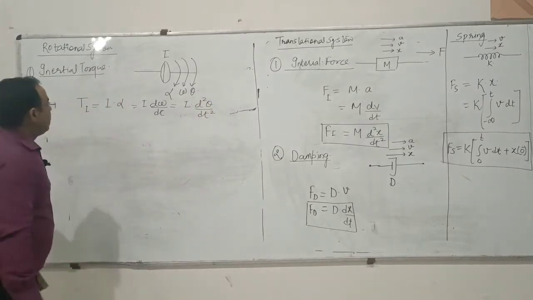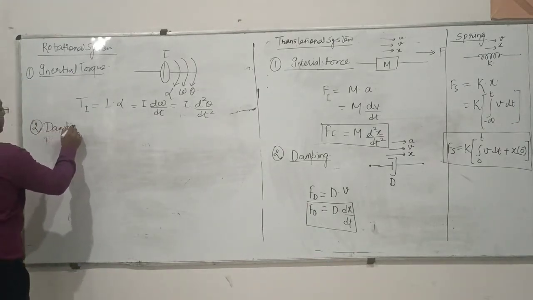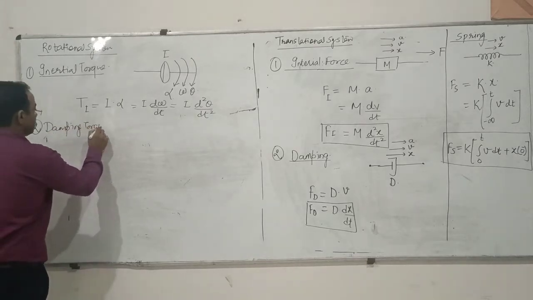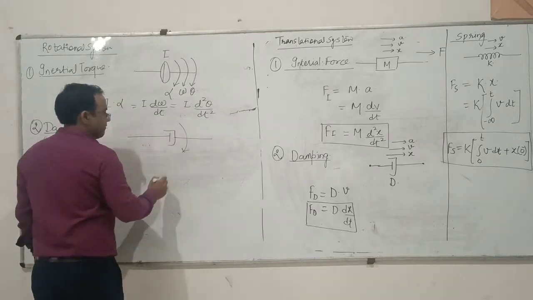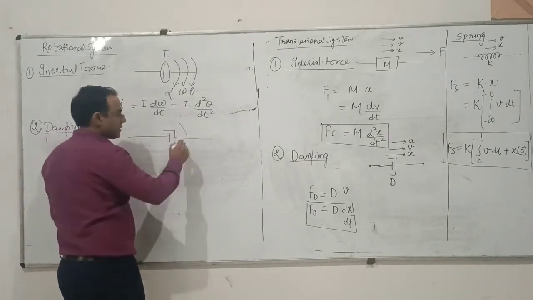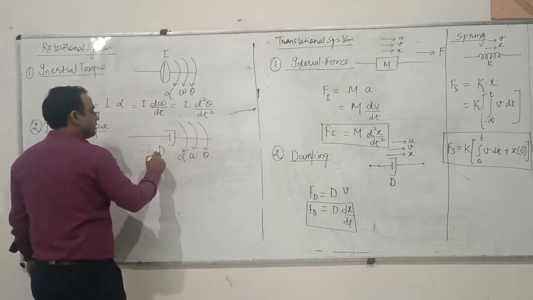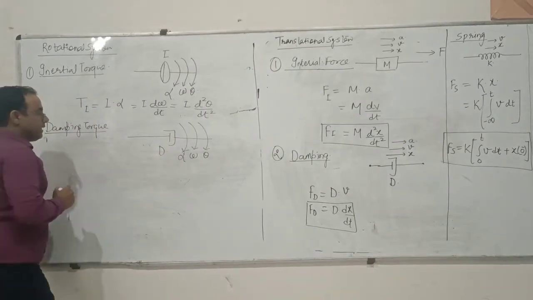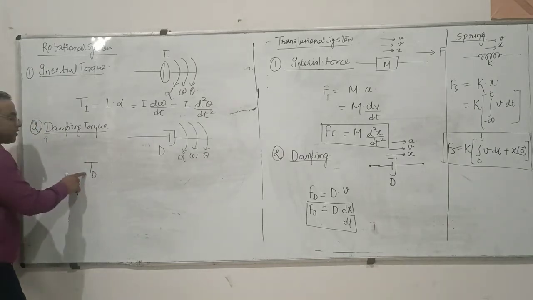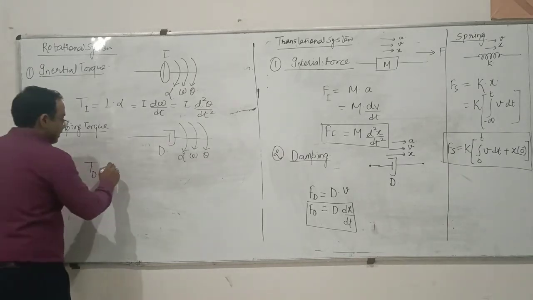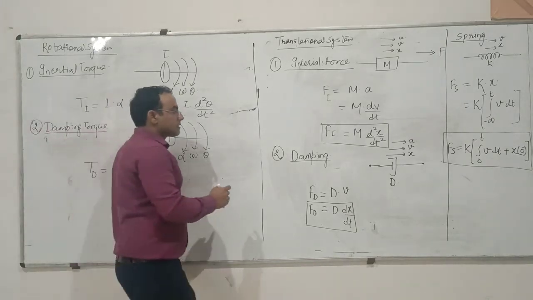Okay. For damping torque, here we have a damping system. If it moves as angular acceleration alpha, angular velocity omega, and angular displacement is theta with the damping coefficient d, then torque in case of damping torque will be equals to damping coefficient with angular velocity, like translational system.